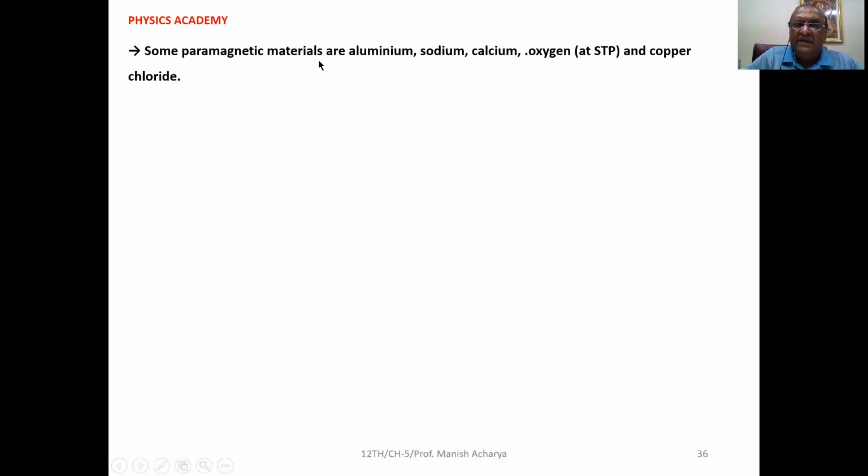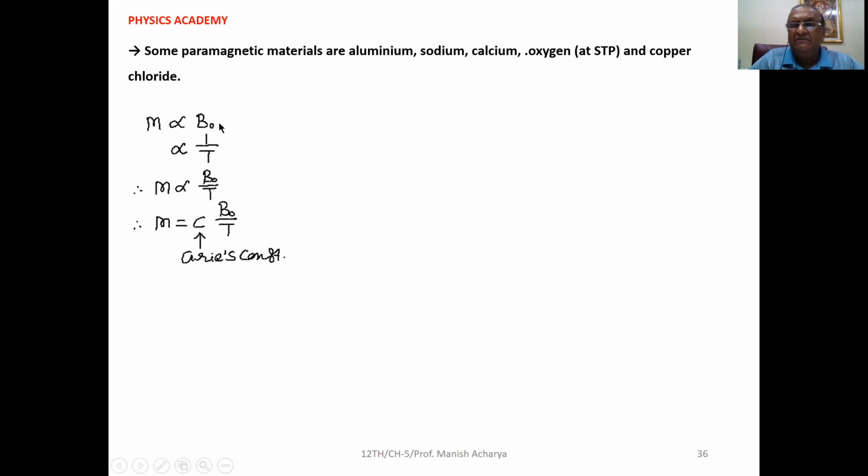Now, some paramagnetic materials are aluminium, sodium, calcium, oxygen at STP, and copper chloride. Experimentally, we can observe that the magnetization of the paramagnetic substance is directly proportional to the intensity of the external magnetic field.